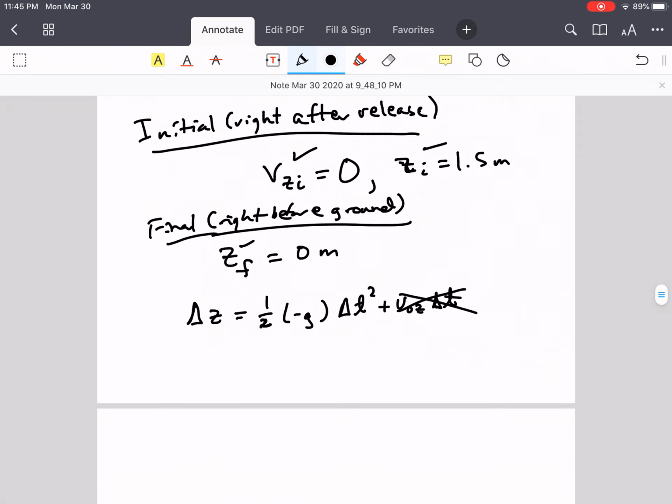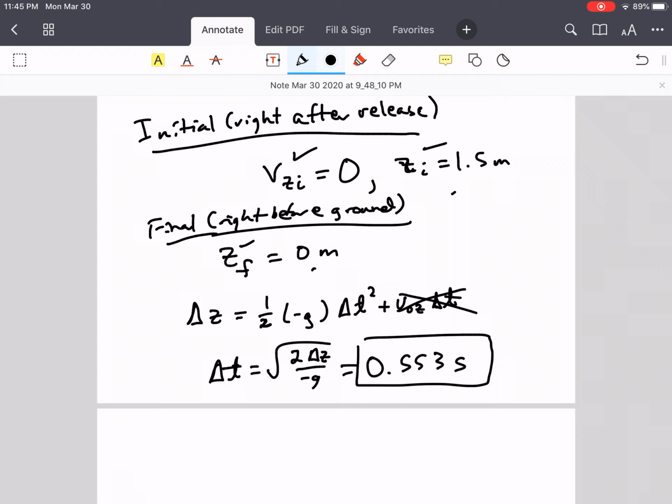And now I can solve for delta t. Delta t is going to turn out to be the square root of 2 delta z over negative g. By just rearranging this formula, plug in z final is 0, z initial is 1.5, and it turns out the amount of time that this takes is 0.553 seconds.